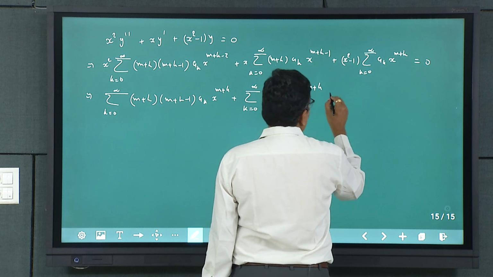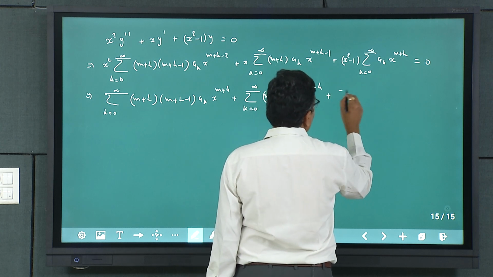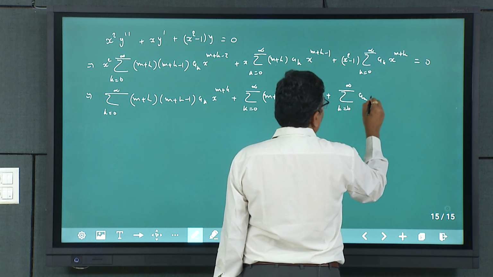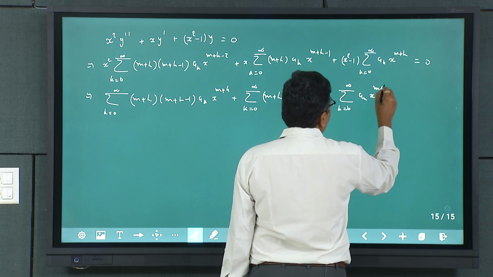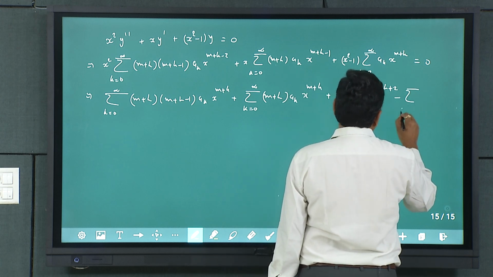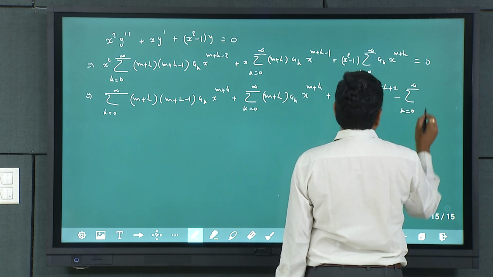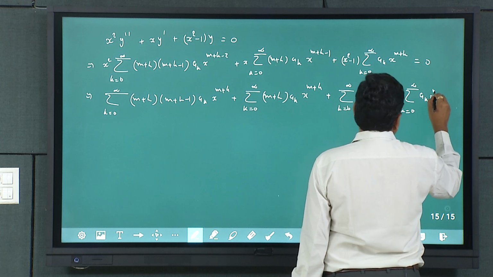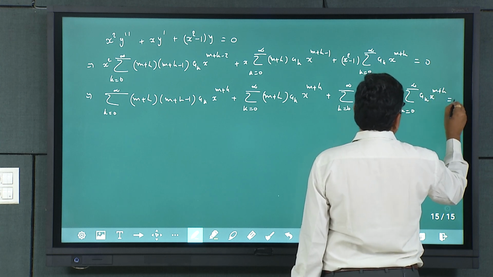Now from this one we get two terms. Sigma k is equal to 0 to infinity ak x raised to m plus k plus 2 and minus sigma k is equal to 0 to infinity ak x raised to power m plus k, this is equal to 0, right.